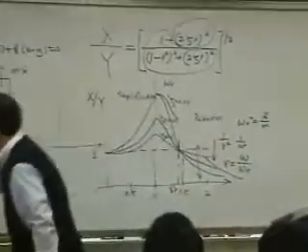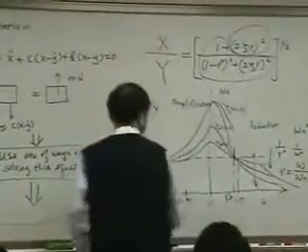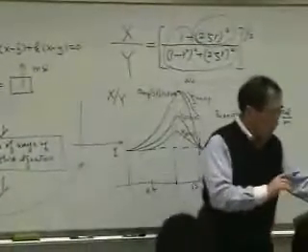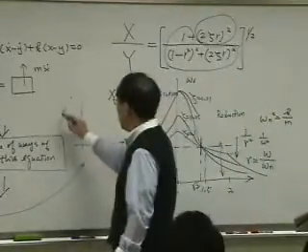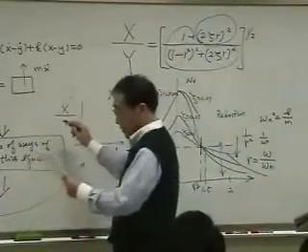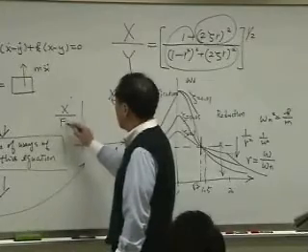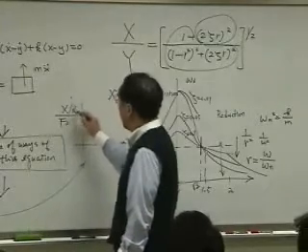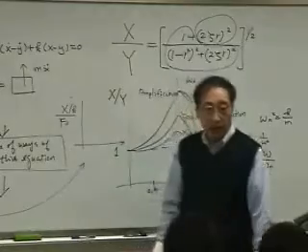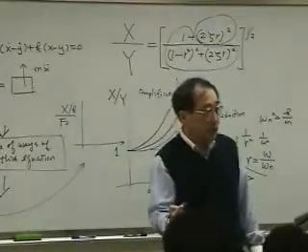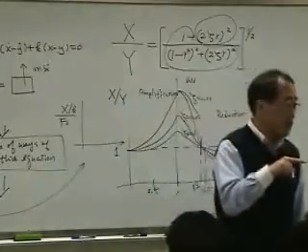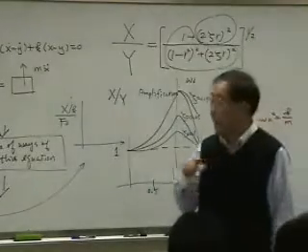For this system, what we have is the curve like this. The response X compared with F0, because I divide by K, meaning that I am comparing the excitation force with the force acting on the spring. Okay?